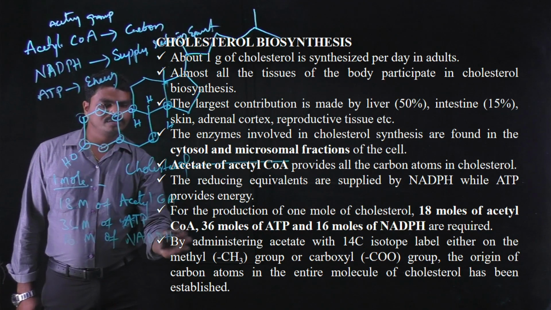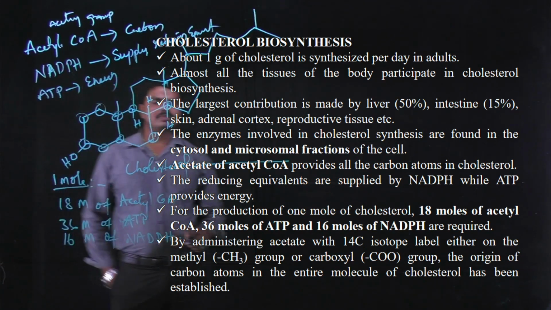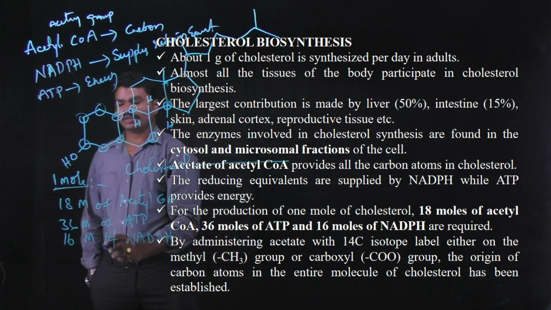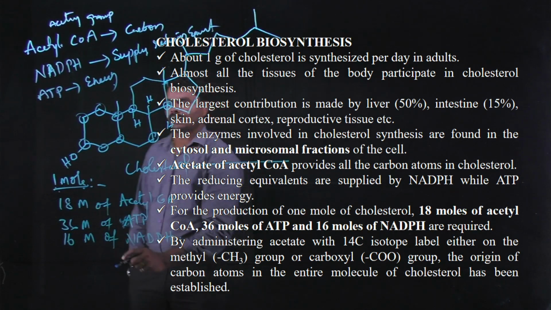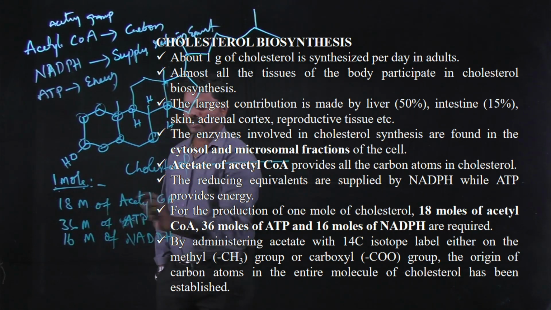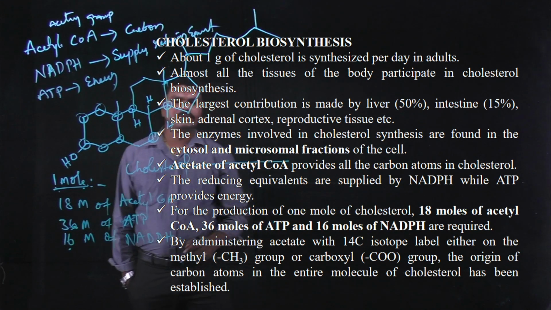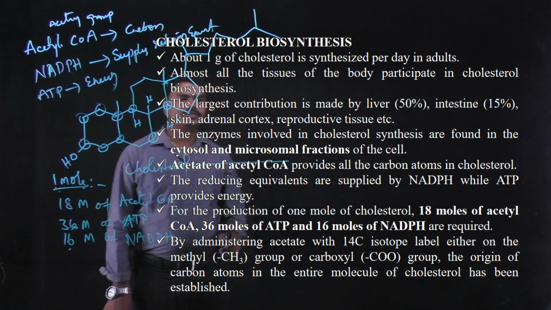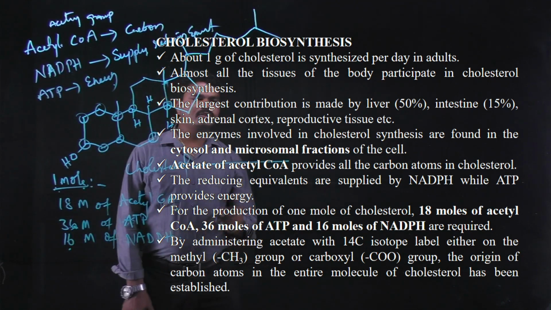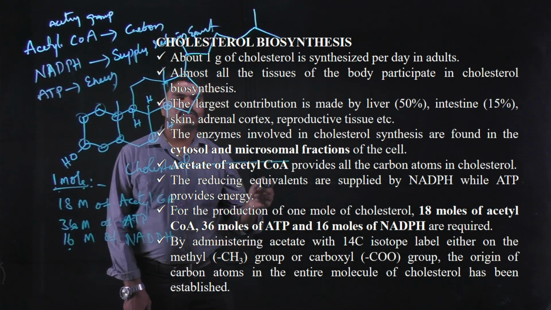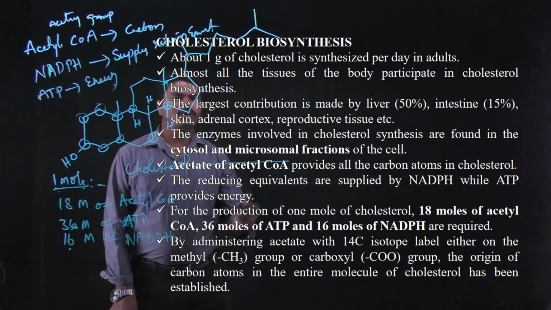So these are the requirements for the biosynthesis of 1 mole of cholesterol. For producing 1 mole of cholesterol, we require 18 moles of acetyl CoA, 16 moles of NADPH and 36 moles of ATP.